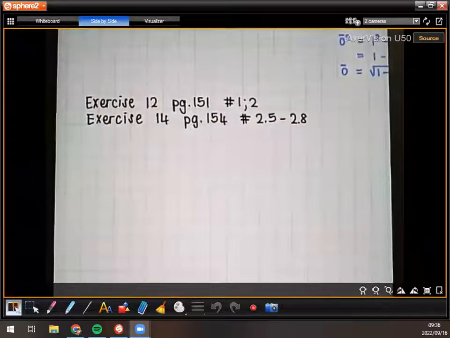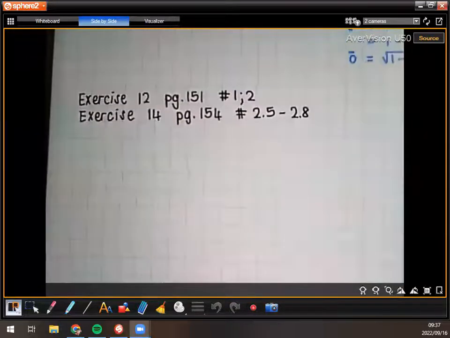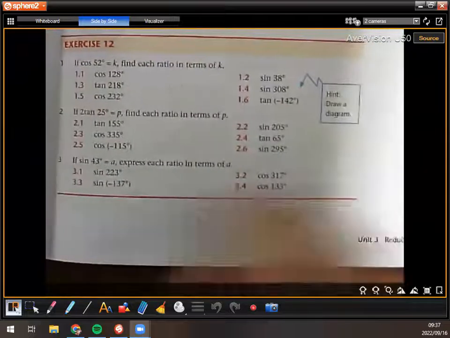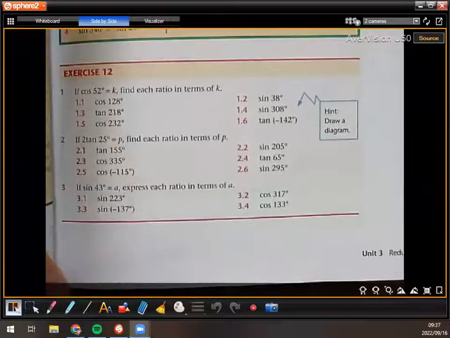I'll just write that down and I can put exercise 12 on the board for the start. Okay, you guys ready?